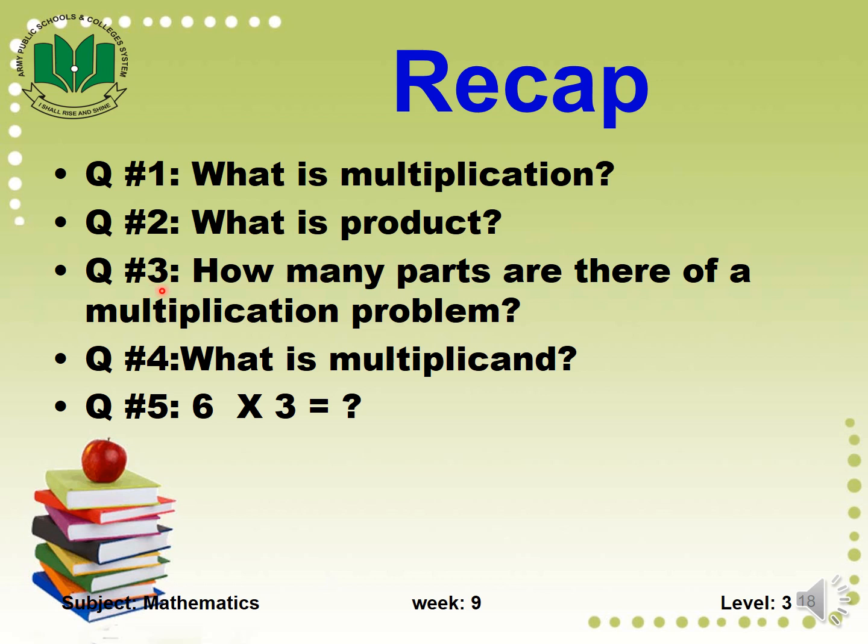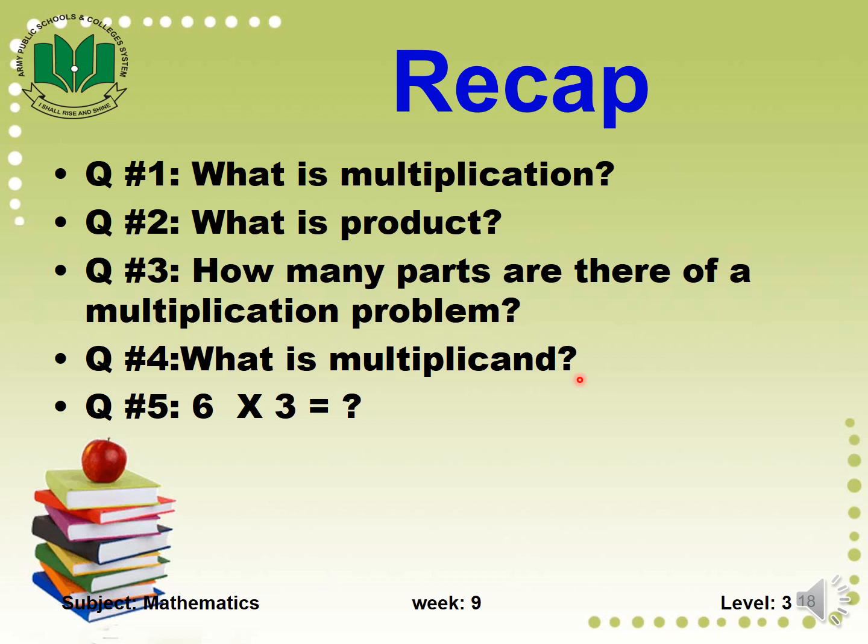Question number 3. How many parts are there of a multiplication problem? Yes, there are 3 parts of a multiplication problem. Number 1, multiplicand. Number 2, multiplier. And number 3, product. Question number 4. What is multiplicand?